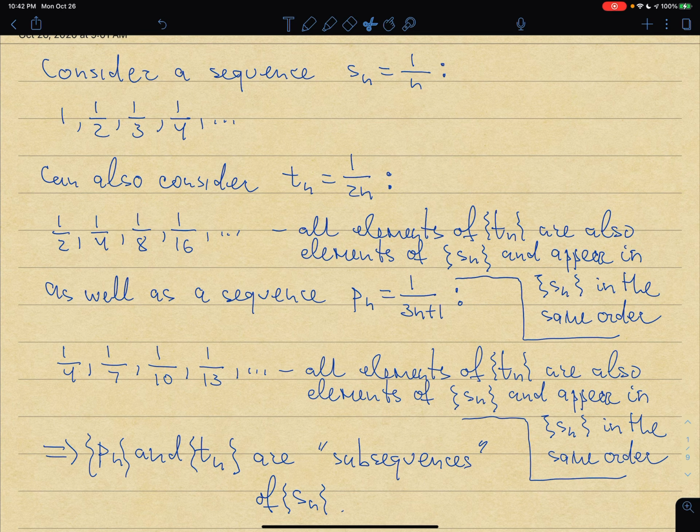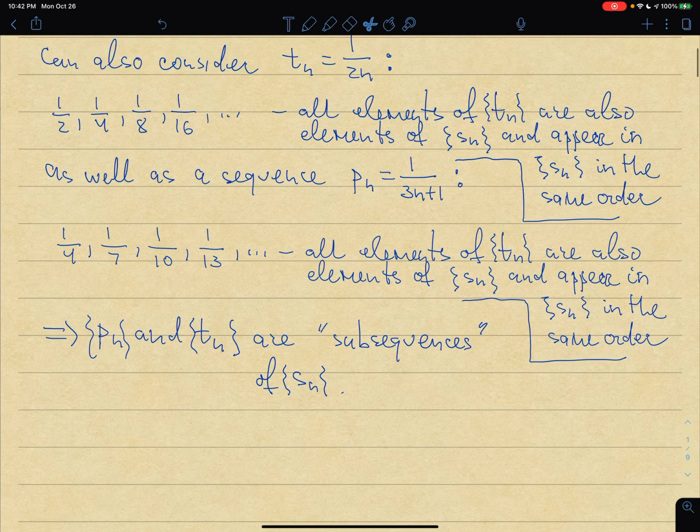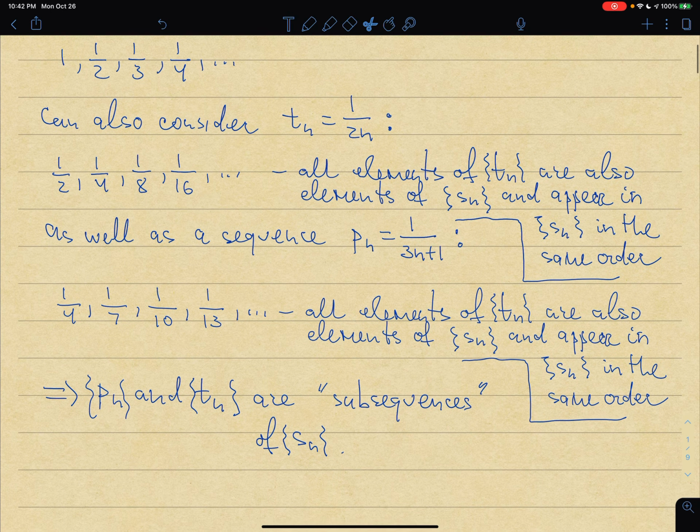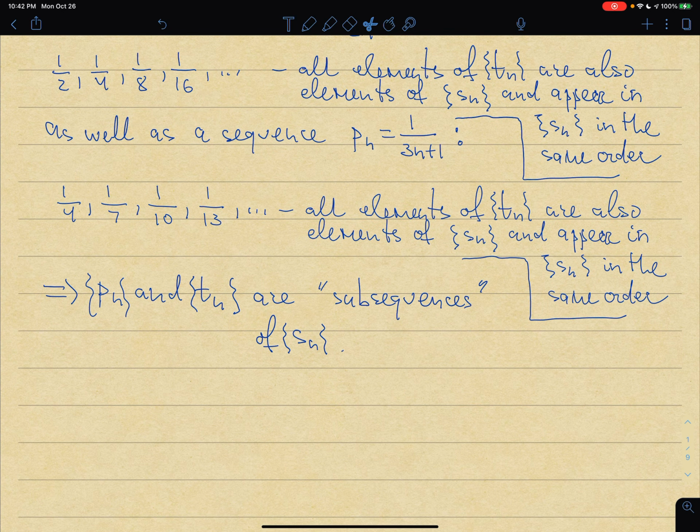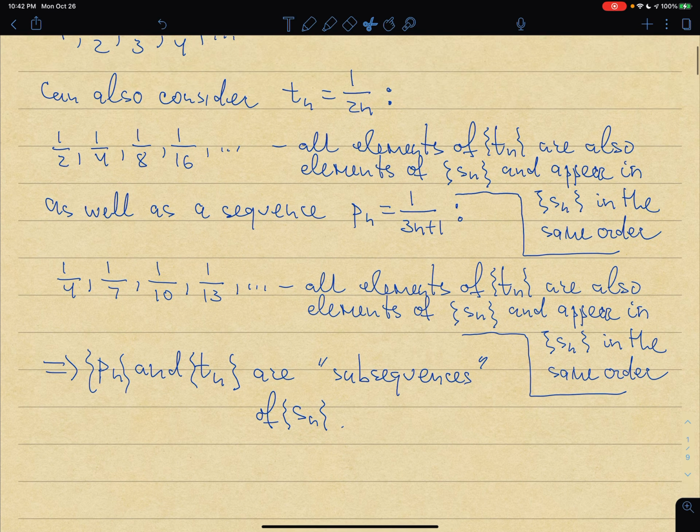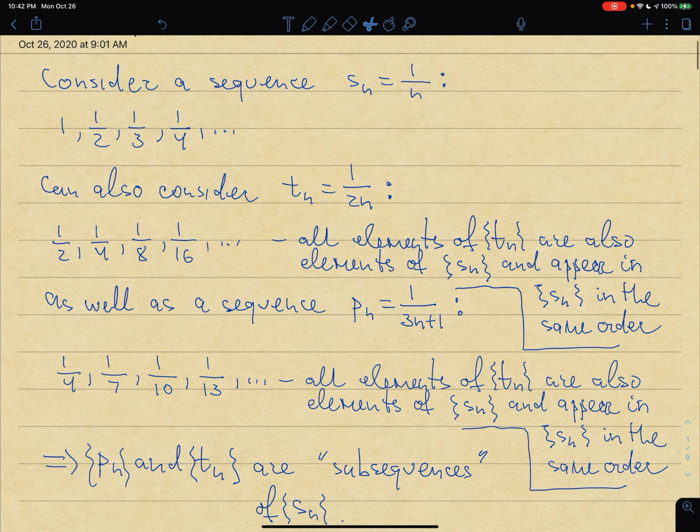So now I'm going to try to make this a bit more precise, and I'm going to do that in the following way. Obviously, n in Tn and n in Sn have a somewhat different meaning.